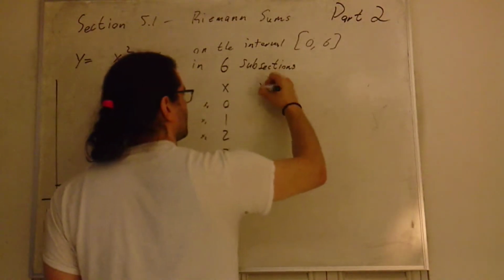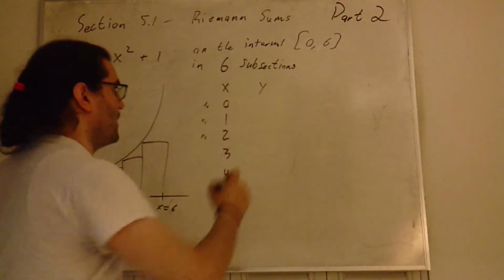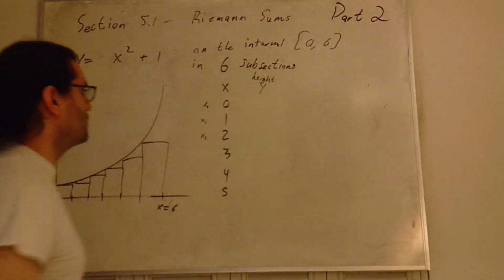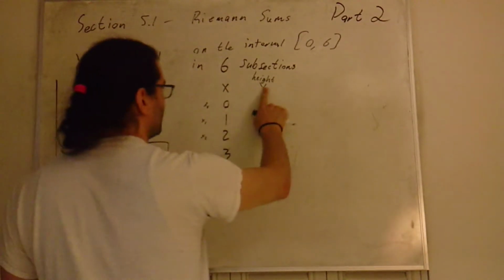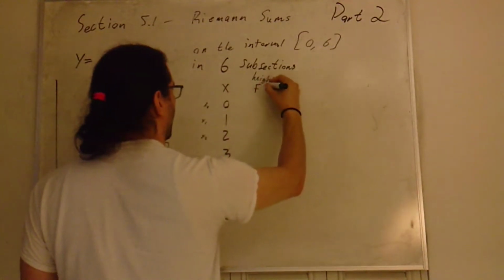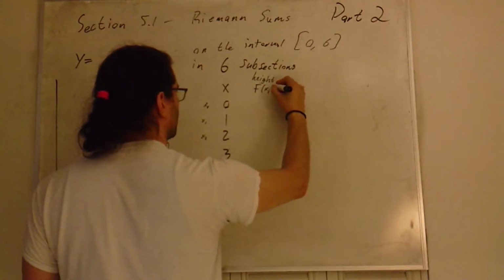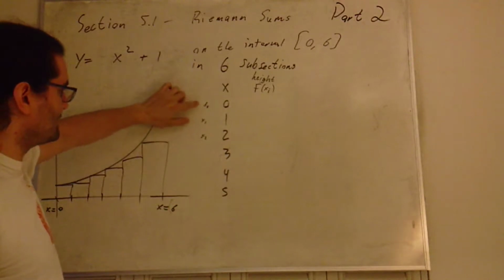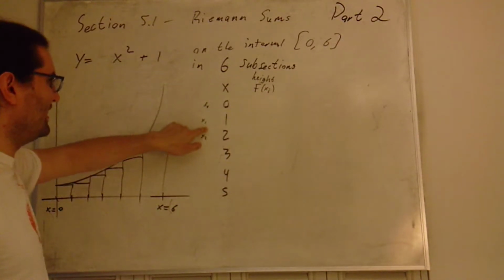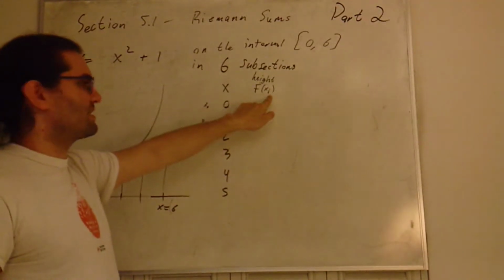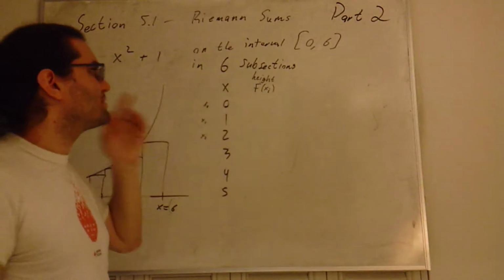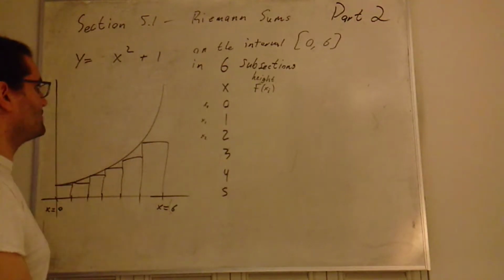Each of these things needs a height, which is going to be a y value. So the other way we could think of this is f of x sub i. If you think of these different x values as x and an index, in this case i is for index, the value of each of these things is just the function value.